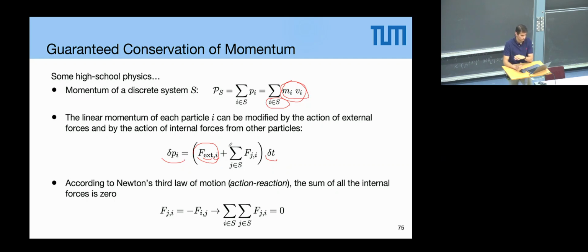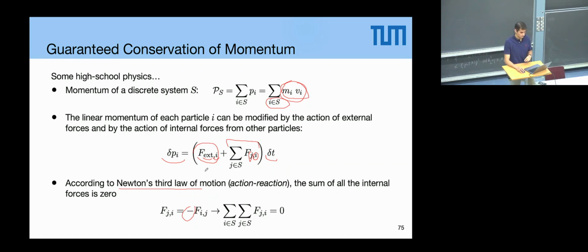And we also have forces between neighboring particles. They can interact with each other, so these are the internal forces. And this denotes the force due to particle j on node i. Okay, and we know that based on Newton's third law, also known as the action-reaction principle, the force of particle j on node i is the same as the force from particle i on node j, but with a minus sign, so in the opposite direction.